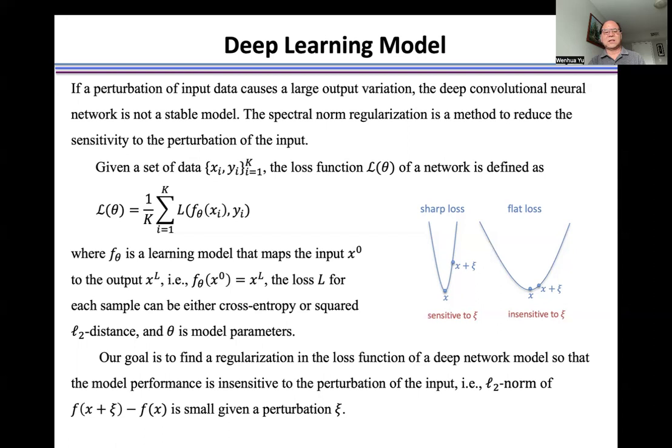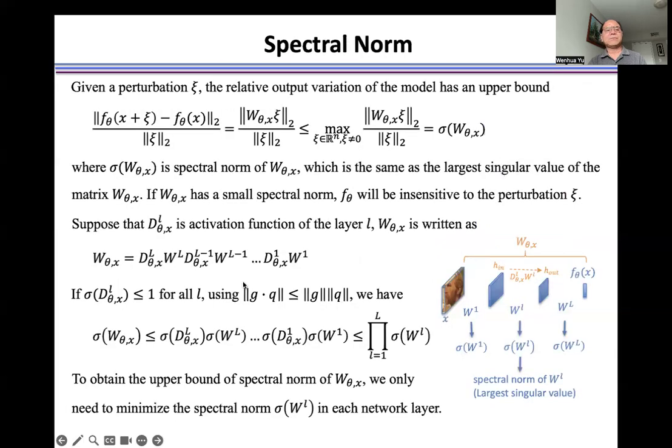Our goal is to find a regularization in the loss function of a deep network model so that the model performance is insensitive to the perturbation of the input, namely the L2 norm of f(x + c) minus f(x) is small given a perturbation c.